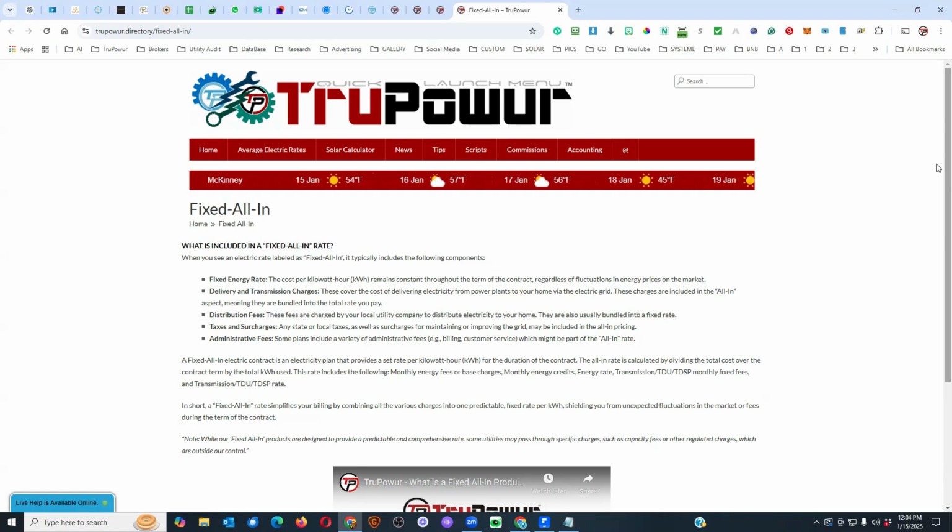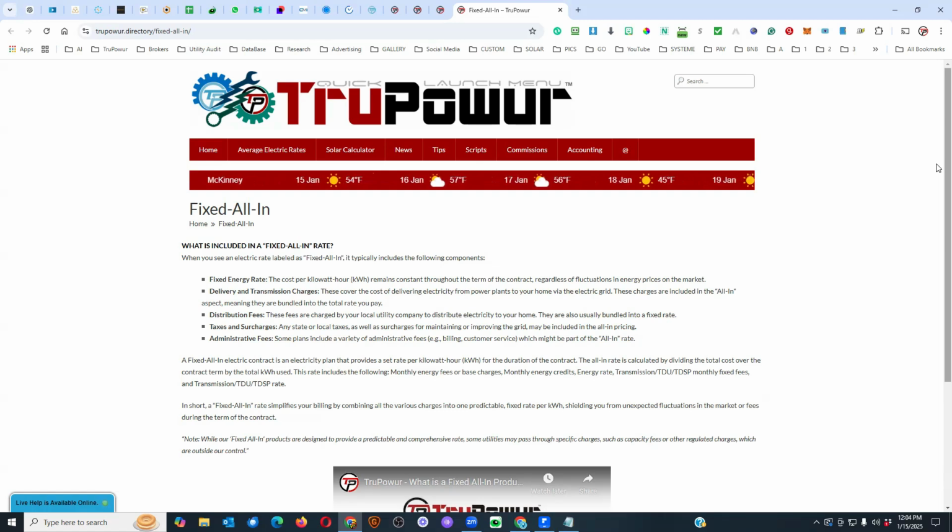2. Delivery and transmission charges. These cover the cost of delivering electricity from power plants to your home via the electric grid. These charges are included in the all-in aspect, meaning they are bundled into the total rate you pay. 3. Distribution fees. These fees are charged by your local utility company to distribute electricity to your home.